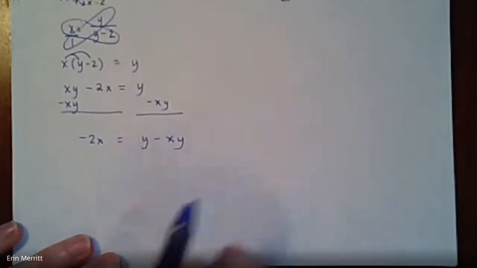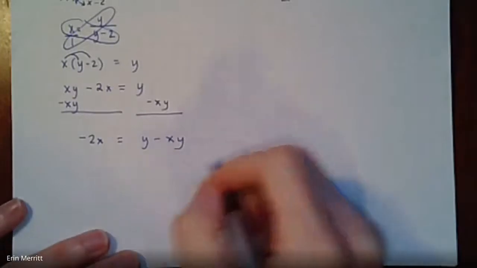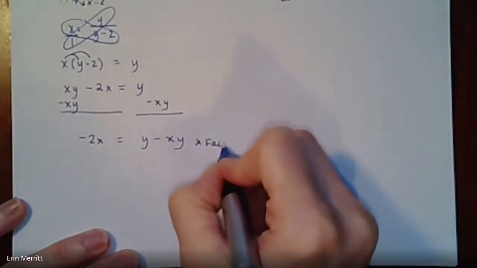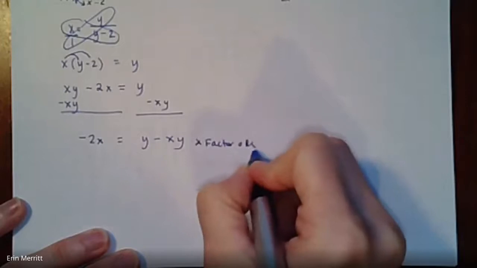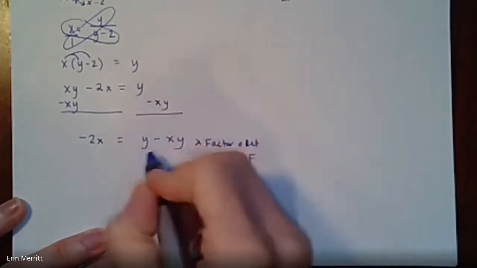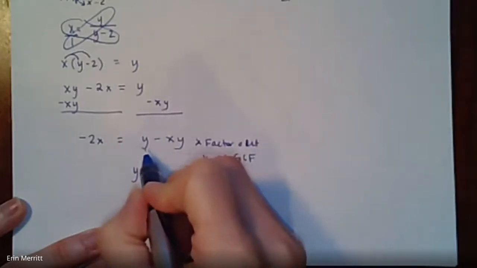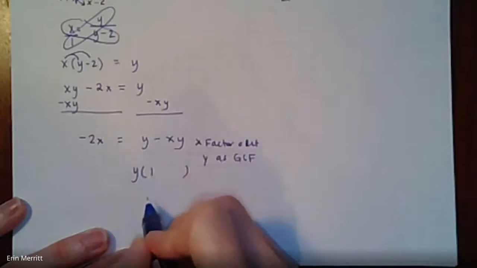To get a single y here, I can actually factor out the y as a GCF. And so to do that, divide y out. So you can kind of think of it as divided by y here, which would leave me with 1.